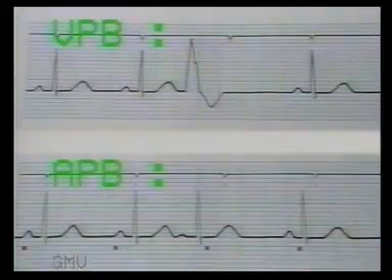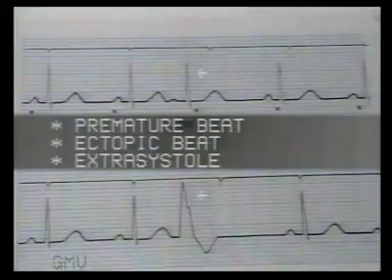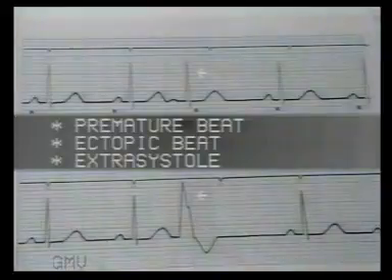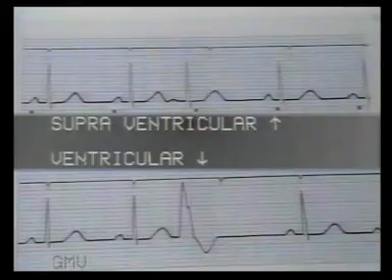The premature beat always arises outside the SA node, so it is also termed an ectopic beat or extrasystole. It may arise anywhere in the heart, the common sites being atria, AV node or ventricles. Depending on the site of origin, the premature beat is termed supraventricular or ventricular.